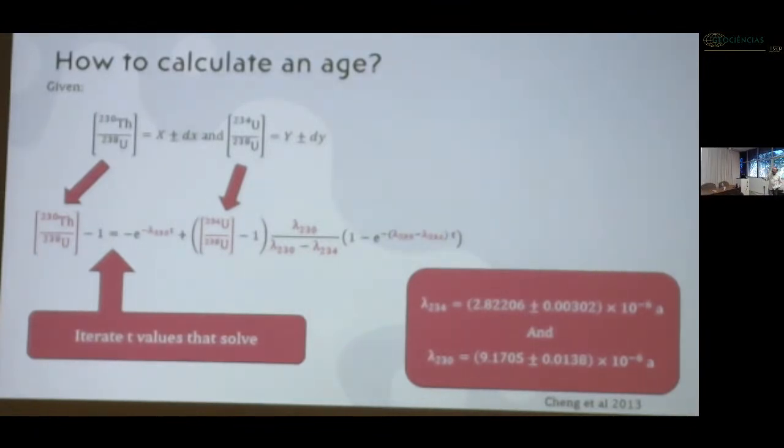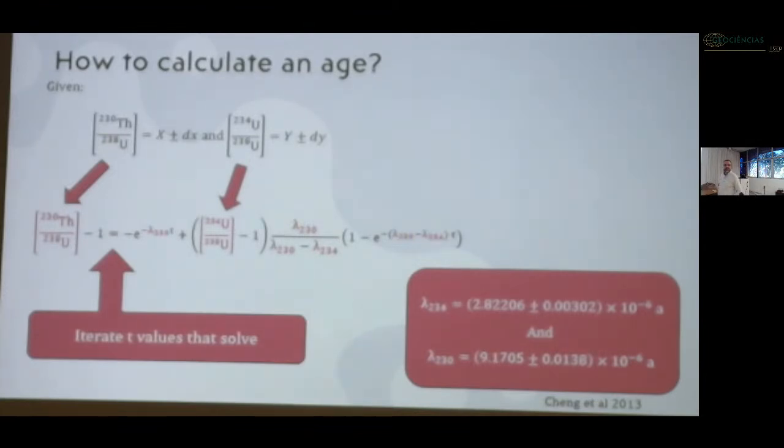Just basically by guessing which age is going to allow us to solve this equality, and using the K constants. And basically, that's the way to do it.